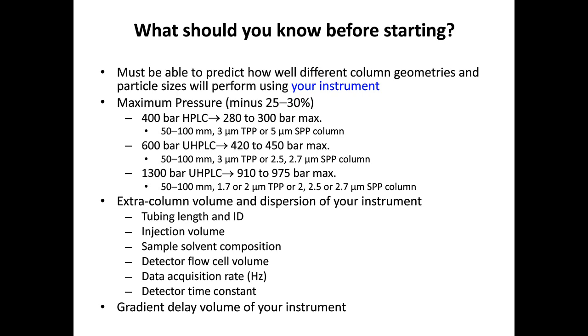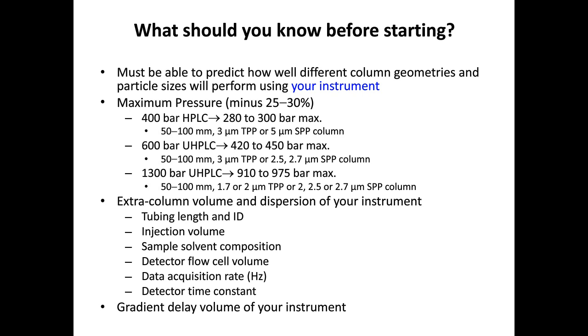It's also very beneficial to understand and know what your extra column volume and dispersion is, and that makes up the things I have listed here: your tubing length and ID, injection volume, your flow cell volume if you're using UV or other detection like that, your data acquisition rate, your detector time constant.